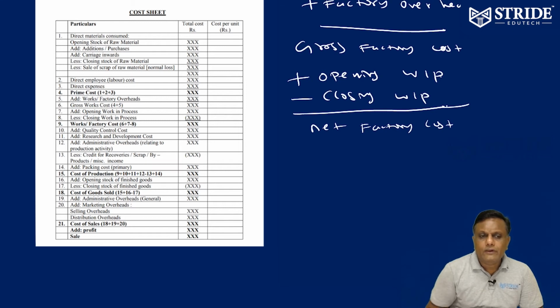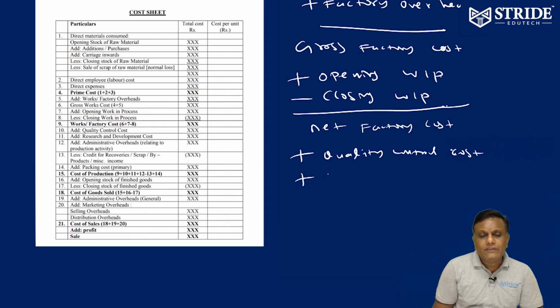To this you have to add quality control cost. Normally in production, we have a quality control department. Those costs are to be added. Similarly, research and development cost, R&D cost, is to be added. Similarly, any administrative overhead related to production is to be added.